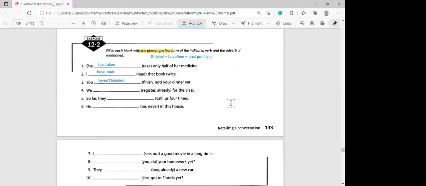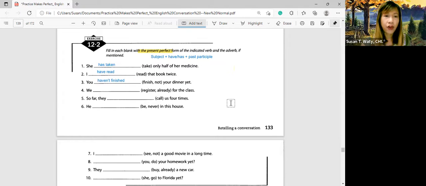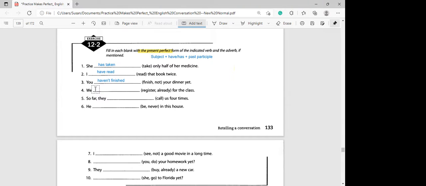Now number four. We, blah blah blah, register already for the class. I'll have Sita try number four. We have already registered for the class.